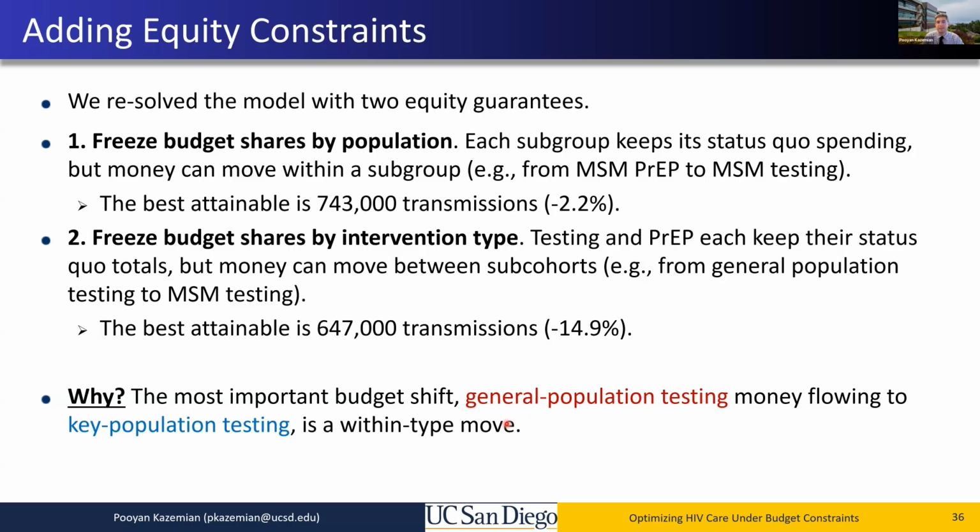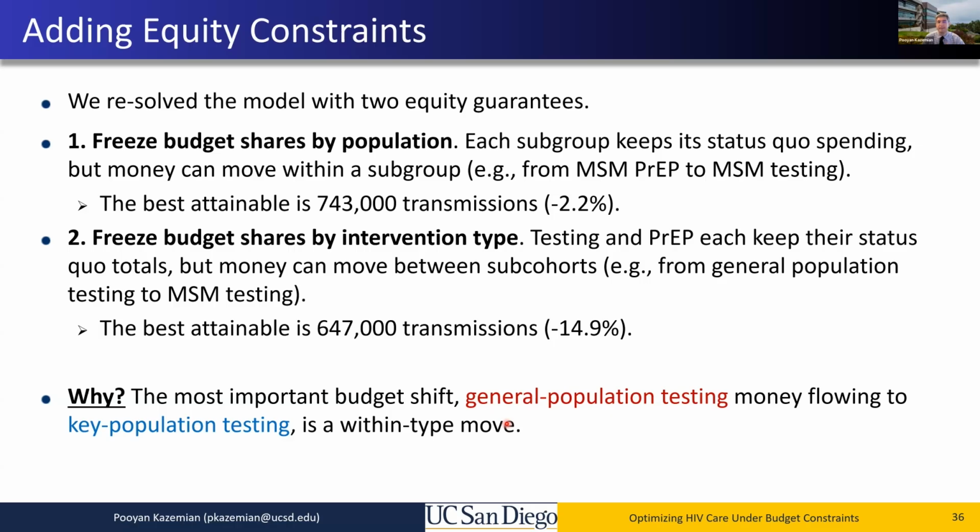For example, the total money for MSM should be the same as the status quo, but we are okay with moving money from PrEP to testing or from testing to PrEP for the same subcohort. If we add this constraint to the optimization model, the best attainable transmissions is 743,000 transmissions, which is only 2.2% below the status quo.